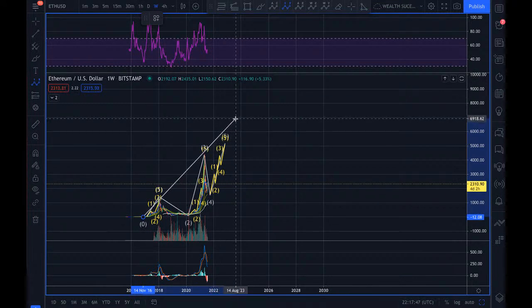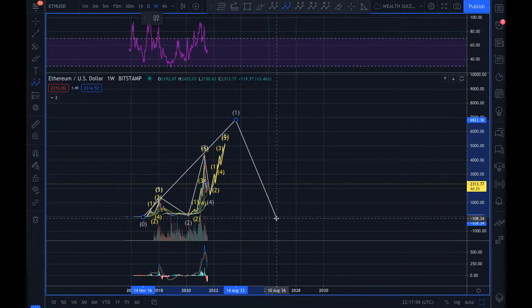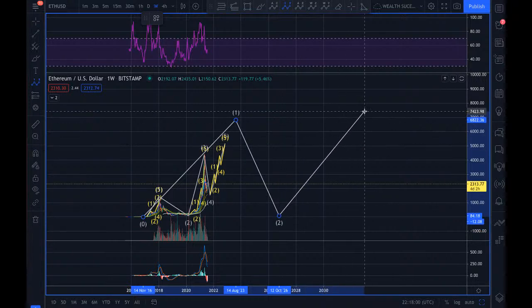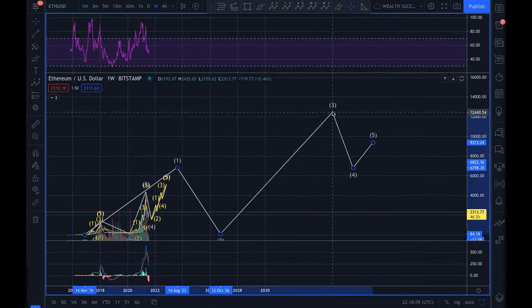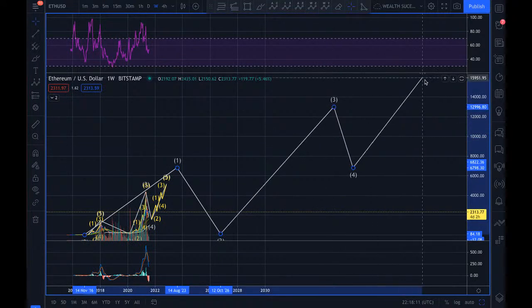It could go up to like 7. We'll see. And then, ooh, wave 2 could disappoint people. Wave 2 could go all the way down. And wave 3 could rocket 4, 5. Something like this.